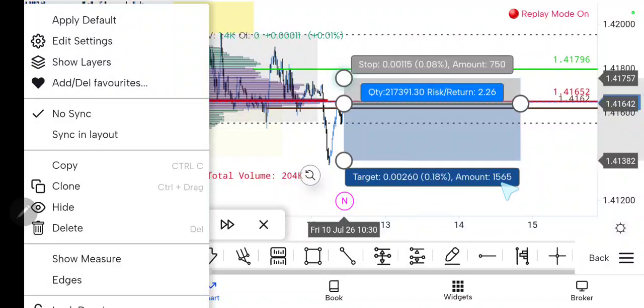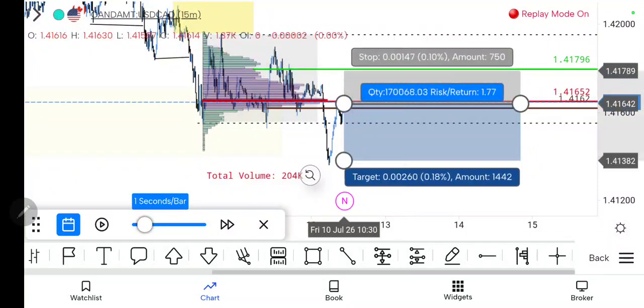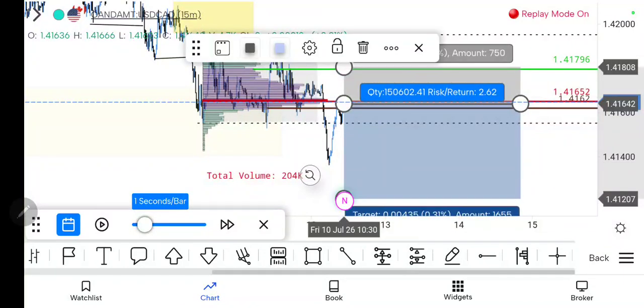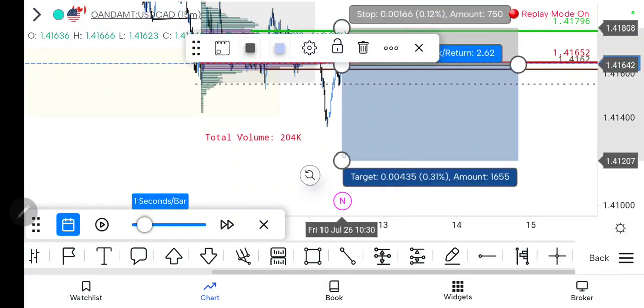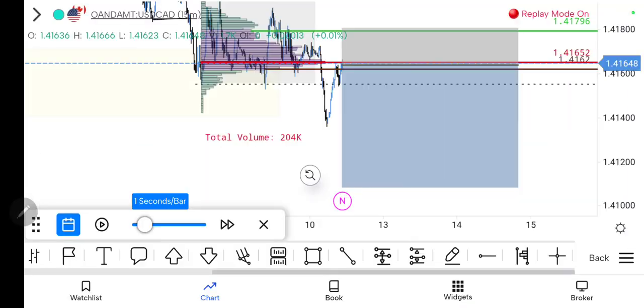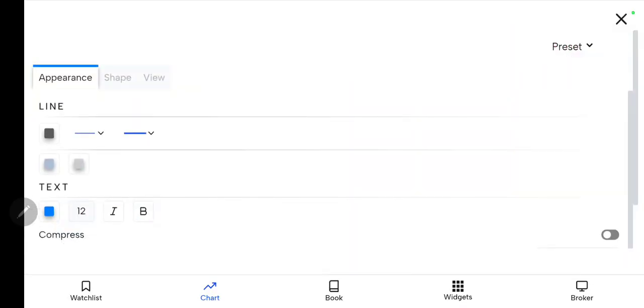Our stop loss just above our value area high, and then for target, we're going to go with a 1 to 3.